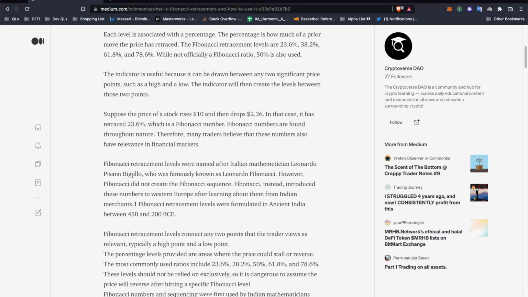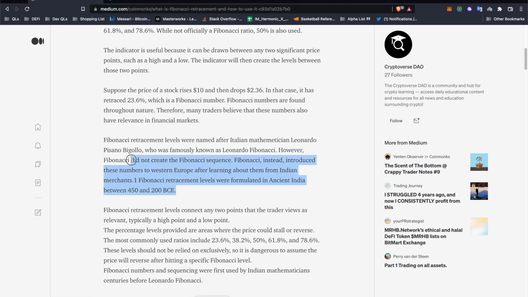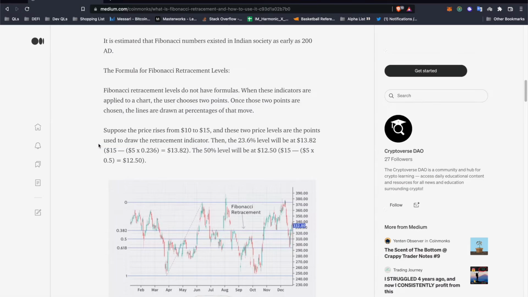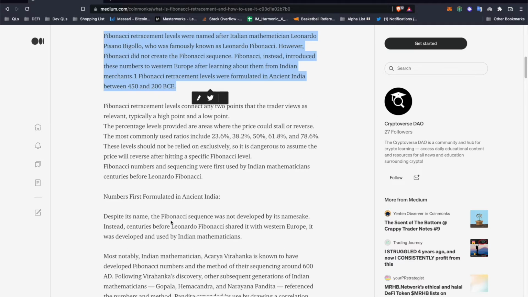His name was Leonardo Pisano Bigollo. Well, he didn't really come up with it. It started in ancient India way before. I think it was Acharya Virahanka. Yeah, there you go. And then subsequent generations of Indian mathematicians referenced the numbers and the method.